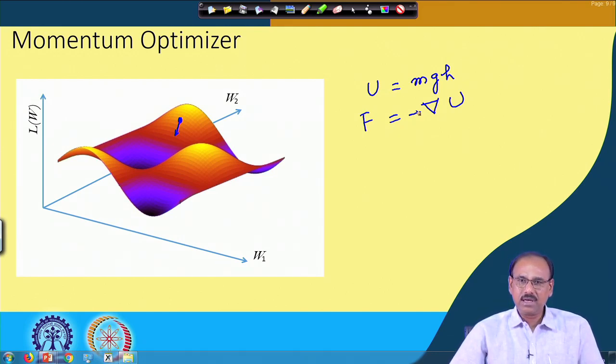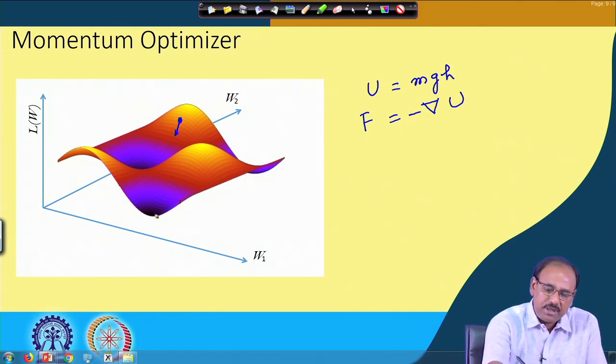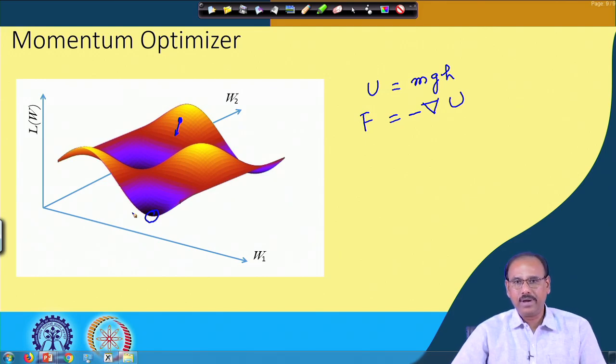Under the action of this force, the ball falls along the surface, and while falling, it gains momentum. It is expected that it will drop down to the minimum point on this surface.